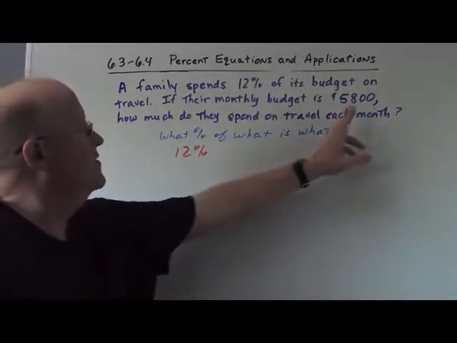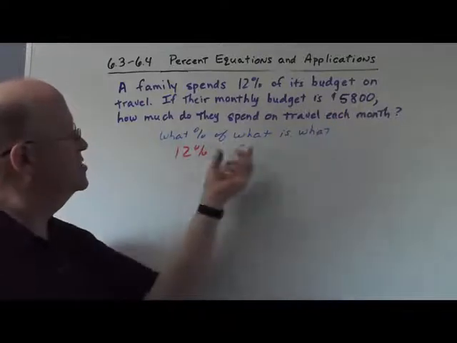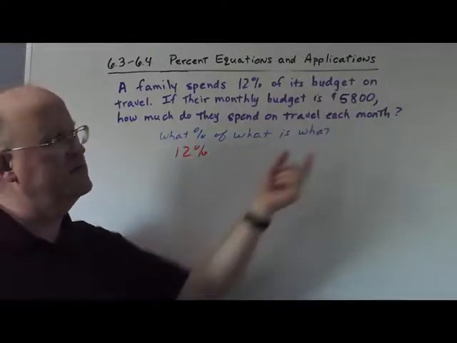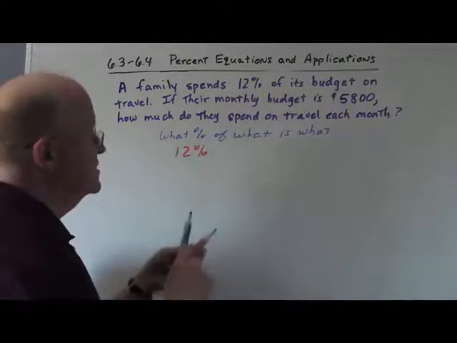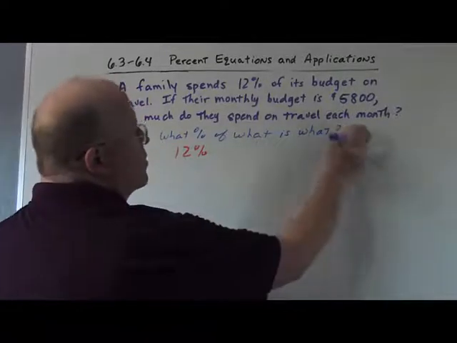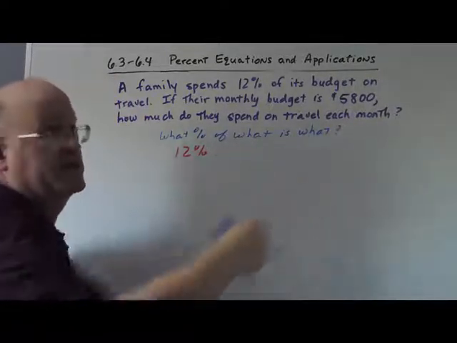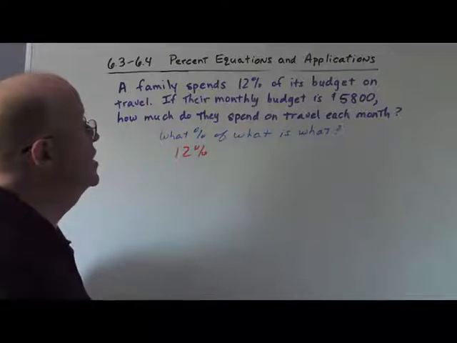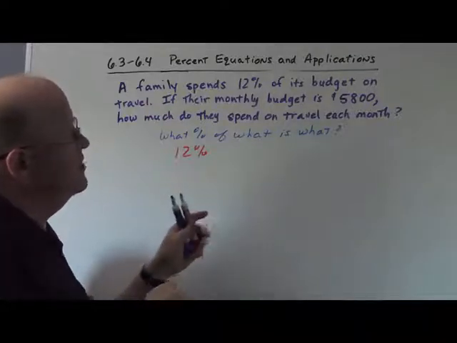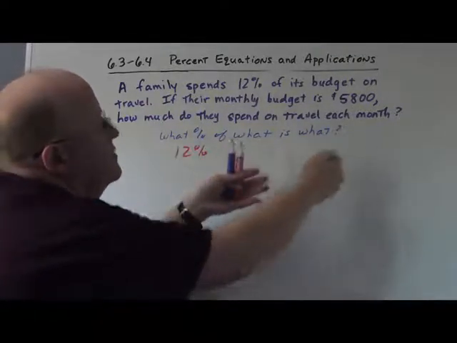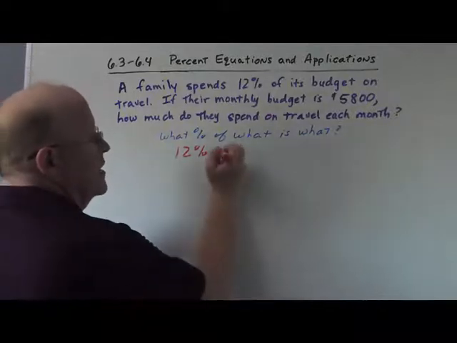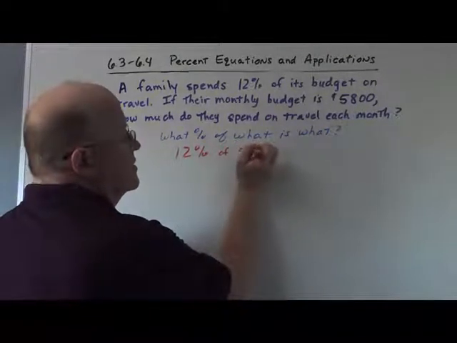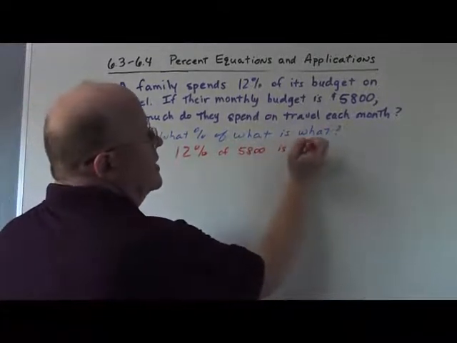Now, the 5,800, the question is, does that go in the "of" position or in the "is" position? We're spending part of this $5,800 on travel, and so therefore it's out of the 5,800. So I'm going to say 12% of 5,800 is x.